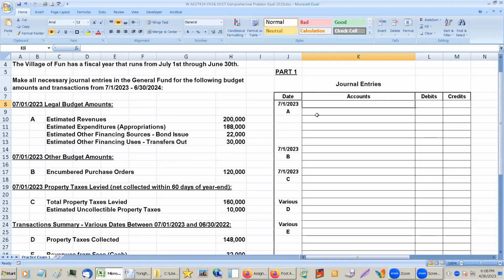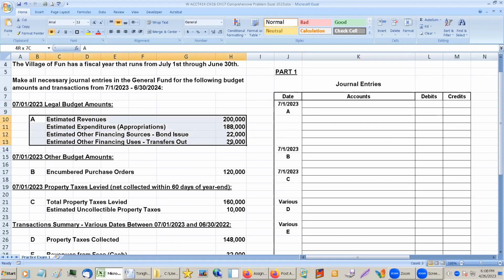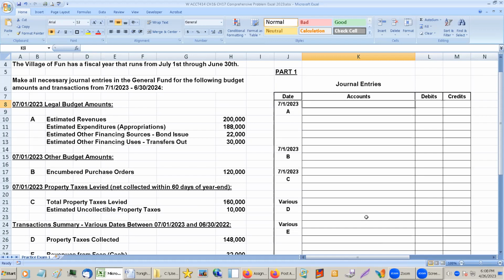So here is our legal budget. What's the journal entry going to be for that? I'll get us started. The first wacky one is the estimated revenues.